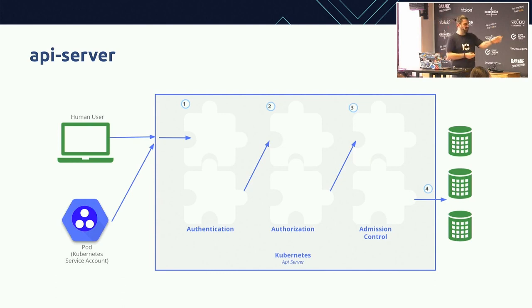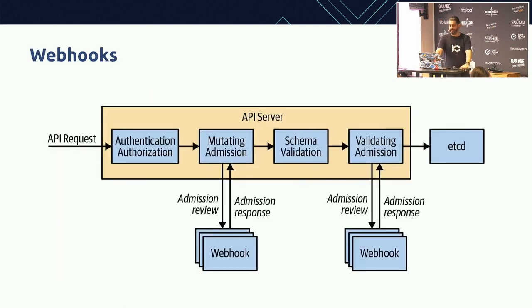And this is from the Kubernetes documentation. The API server has three stages for the incoming request. It does the authentication, then authorization, and then the admission control, and then it actually writes changes to etcd. With the admission control, you can do some webhooks, some mutations to the incoming deployment, and also do some validations as well.